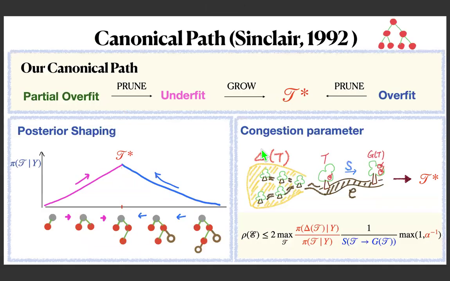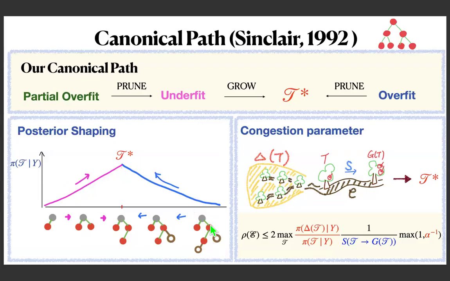Now I will explain how we constructed the canonical path, or simple path, within the ensemble. When a tree is overfitting, we cut the tree, pruning it so that it comes near to the true tree. When a tree is underfitting, we grow the tree so that it again comes near to the true tree. In a sense, we are making a posterior shape by using this canonical path.